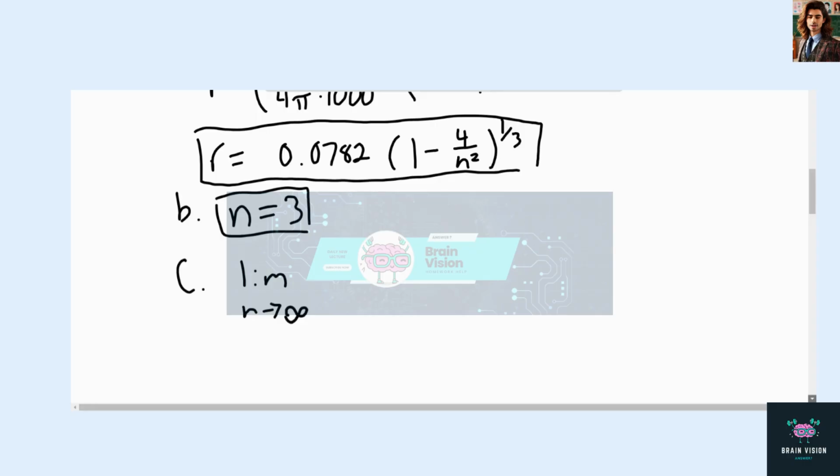So we take the limit as n goes to infinity of 0.0782 times (1 minus 4 over n squared) to the 1/3 power. And this is thankfully a very simple equation to do this with. As n gets very large, it's in the denominator of 4 over n squared. So as n gets very large, you're going to have 4 over a very, very large number.